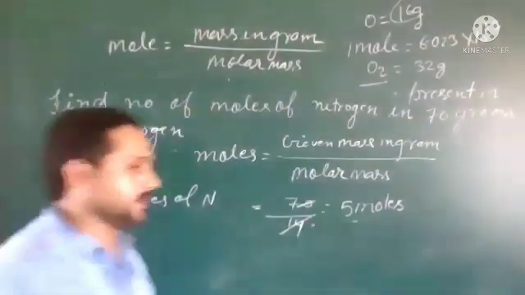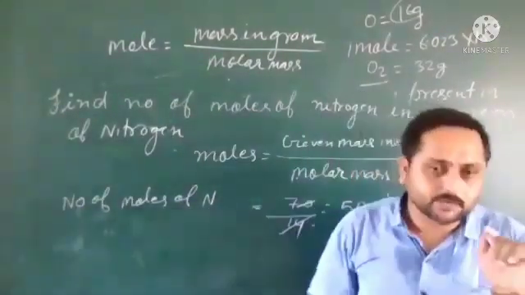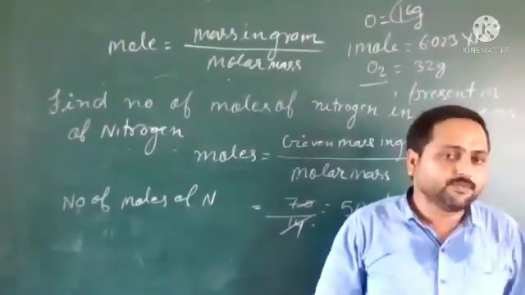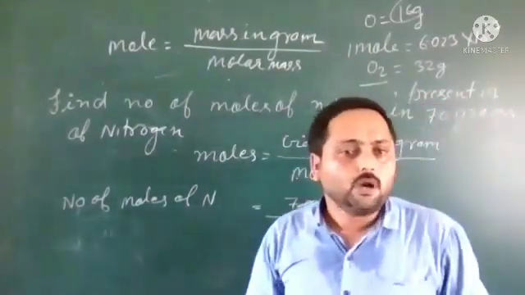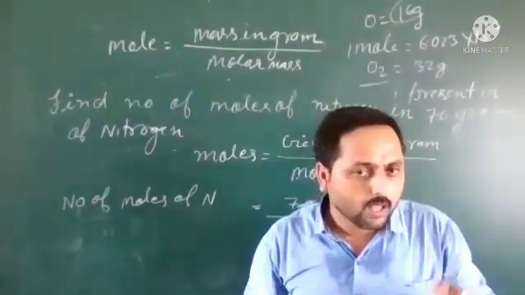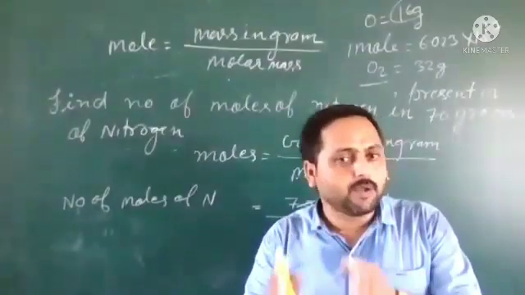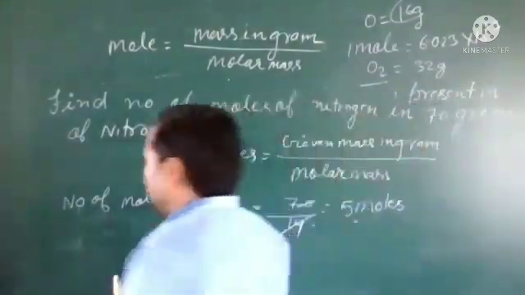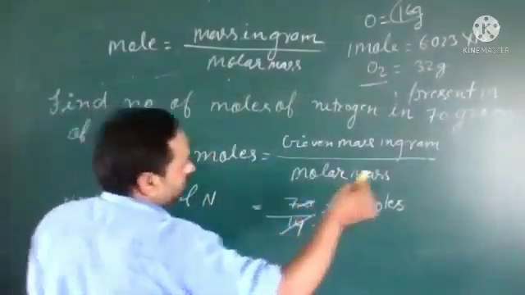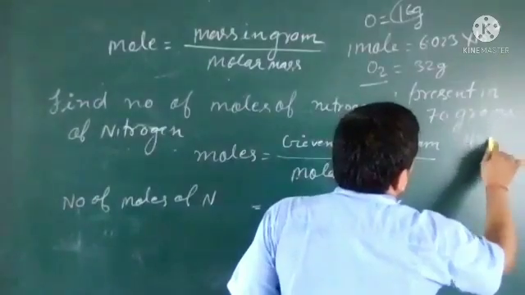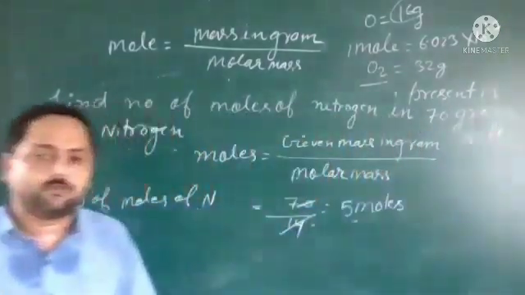For this we have to calculate moles. What is the formula of moles? Mole equals given mass in gram divided by molar mass. So what is the molar mass of nitrogen? Nitrogen molar mass is 14.